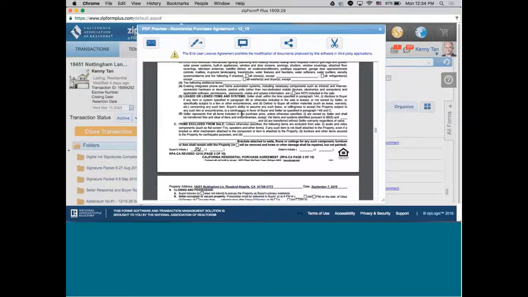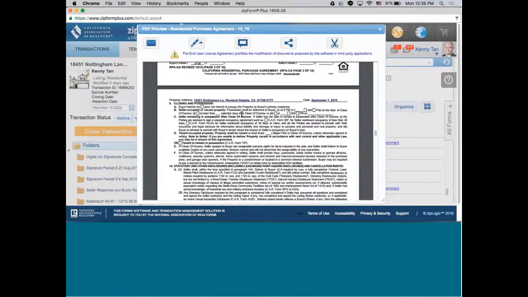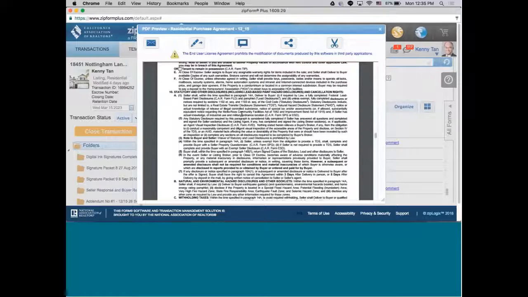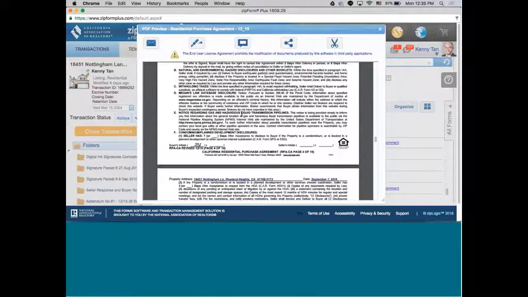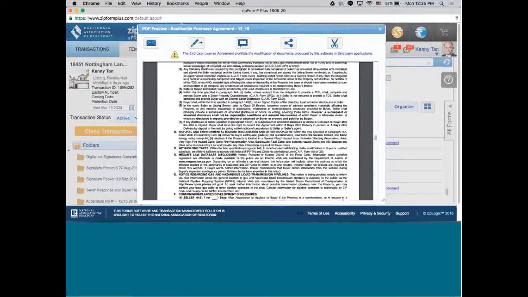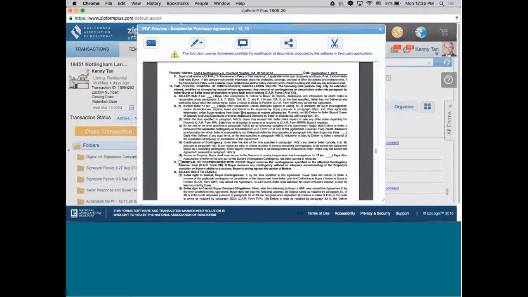Now, remember, today we're talking about offers and counter offers, so I will not go too much into detail on offers. But I'm just telling you what things to look for when you're preparing a counter offer. And certainly, if I'm evaluating an offer, I'm always looking at the contingency period for inspection. Some buyers decide that they don't need any inspection.